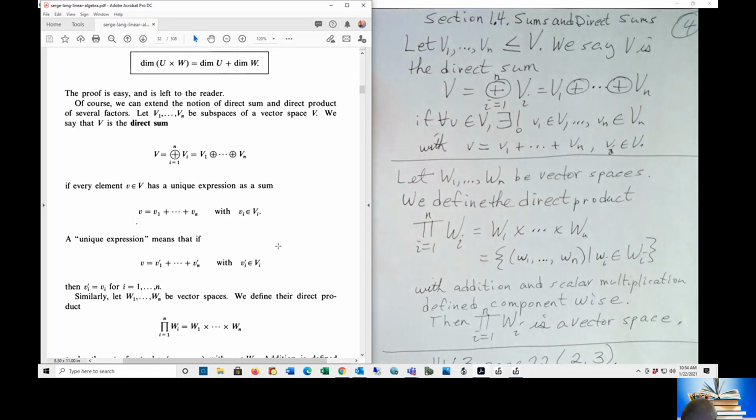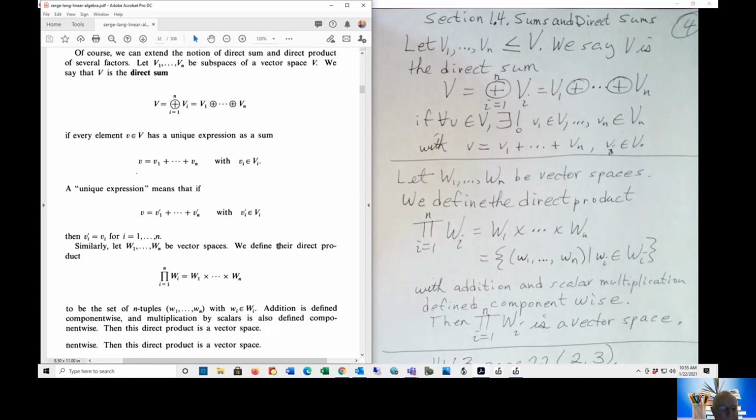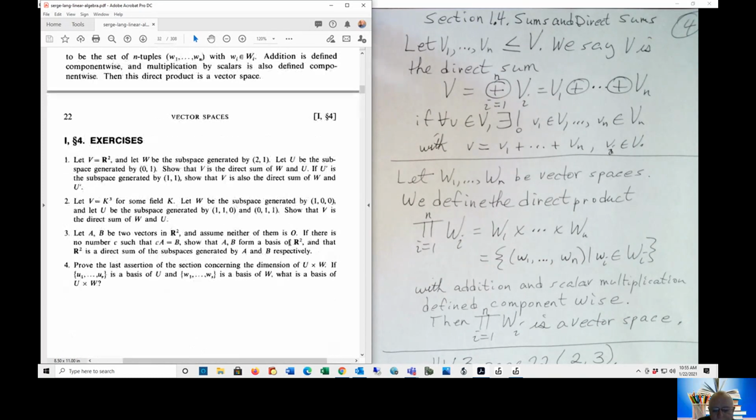With addition and scalar multiplication defined in the usual way, component-wise, by adding corresponding components and multiplying every component by that scalar. So with the normal definition of vector addition and scalar multiplication, the direct product of finitely many vector spaces is, again, a vector space. No surprise there.